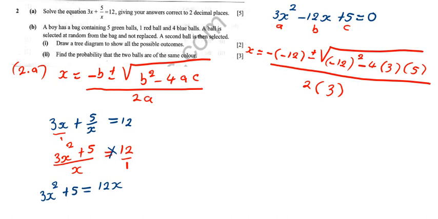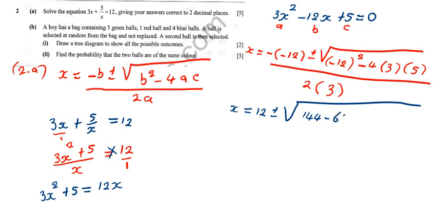So you say x is equal to negative times negative 12, we are getting a positive 12, positive or negative square root. So negative 12 squared, we are getting 144, minus 4 times 3, 12 times 5, 60.